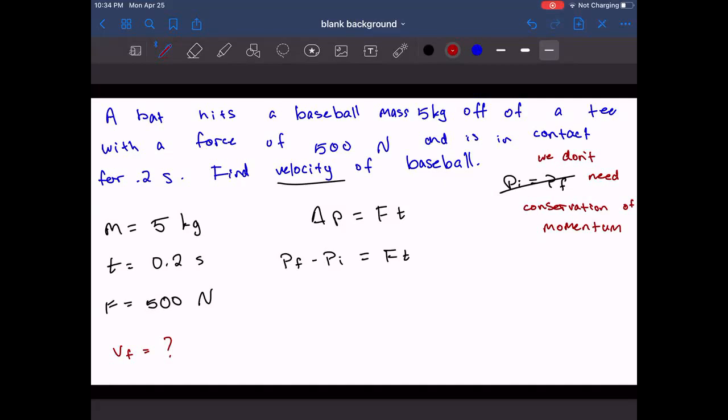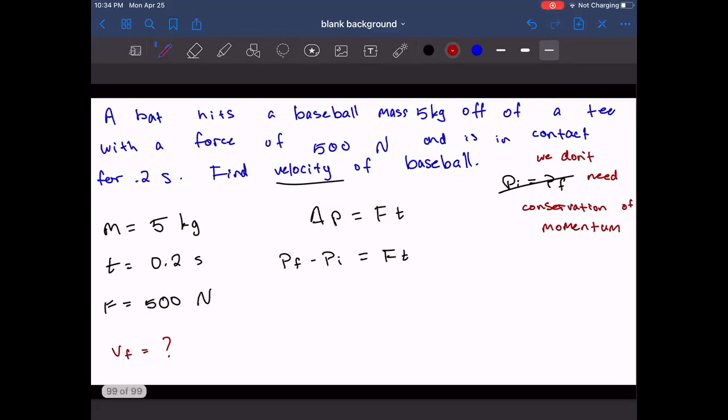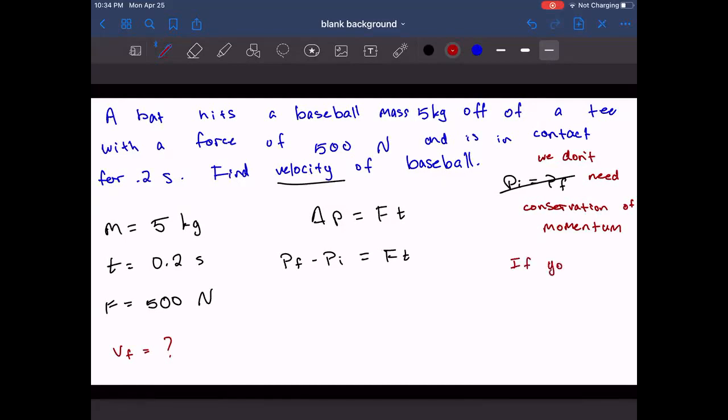So what should I do? What's the most basic equation for momentum? P equals M times V. Yeah. So how does that work here? What should I do?